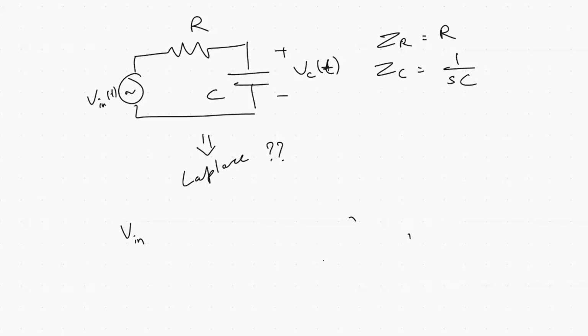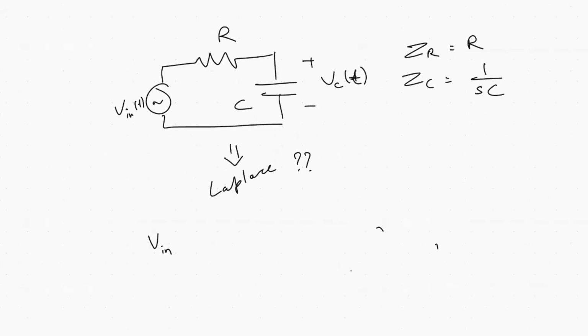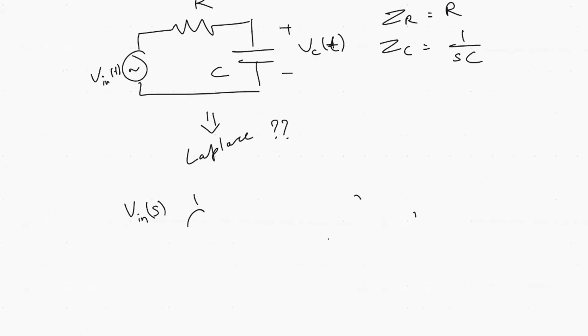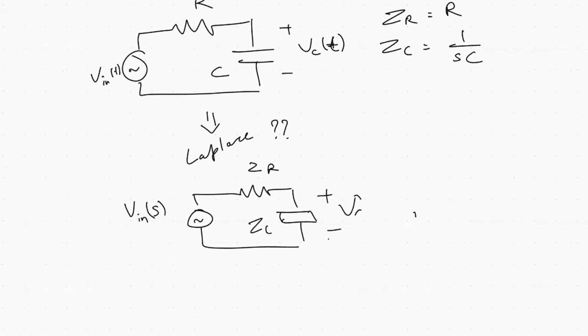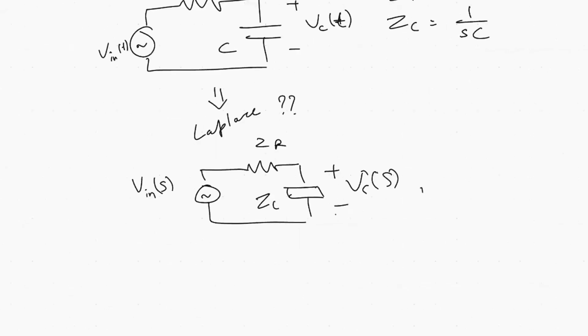Okay. So we have V in of s, ZR, ZC, plus minus Vc of s. Please do note that I'm also converting my output and input voltage into Laplace domain.